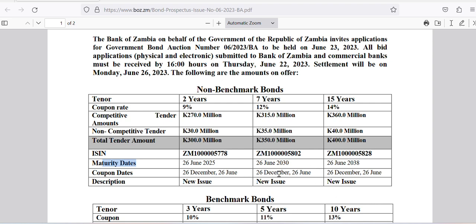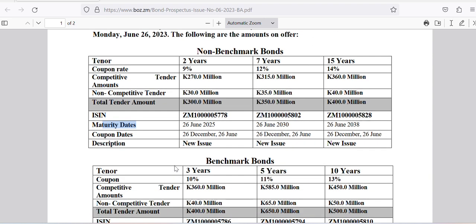So the maturity date is the date when you get back your money, the face value of the bond. I will get into details of what face value means. Then the other thing that I want you to see is the coupon date.